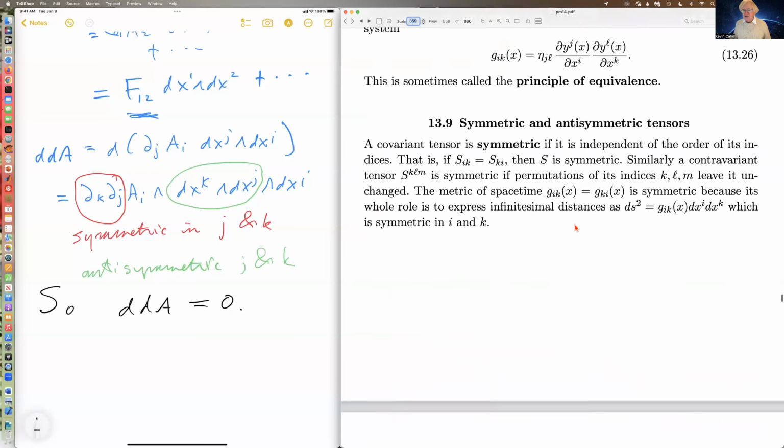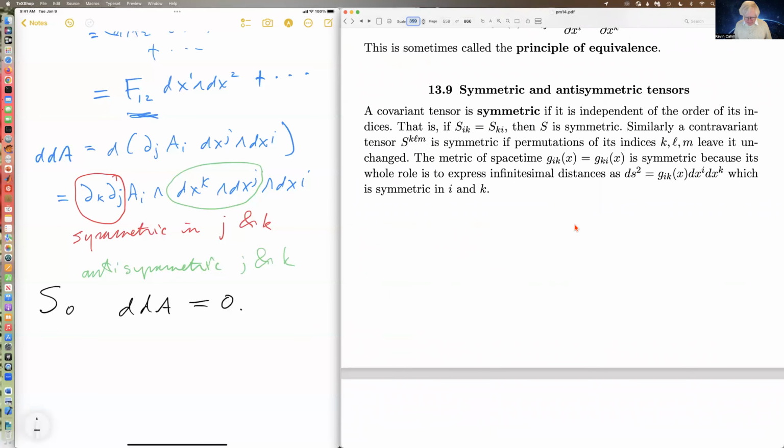So let's just stay with the physical interpretation, namely that if you have a small laboratory that is falling freely in a gravitational field, then inside that laboratory, special relativity applies.